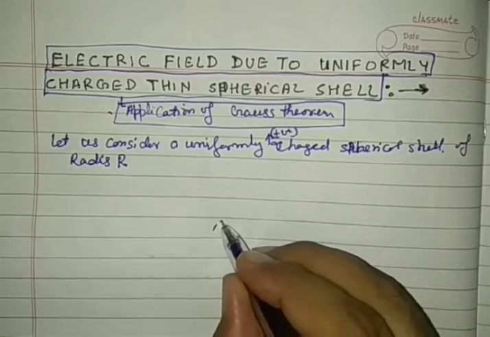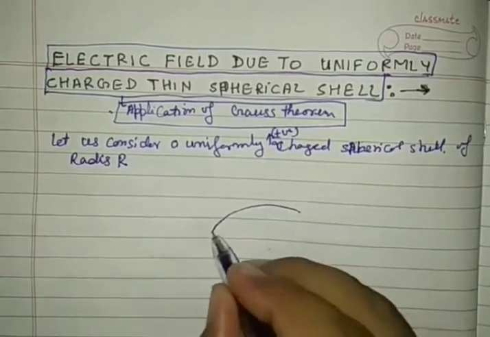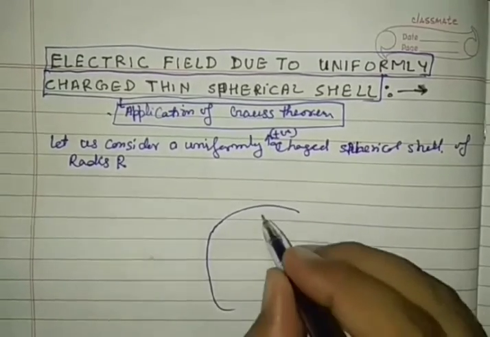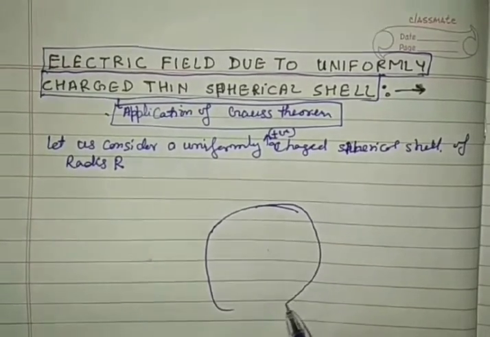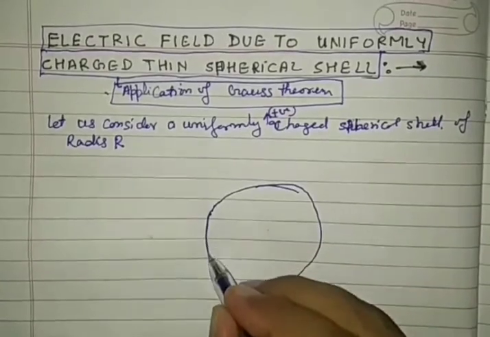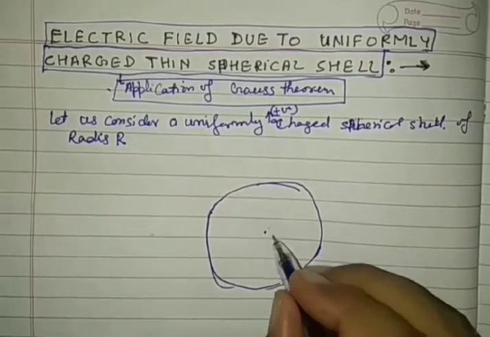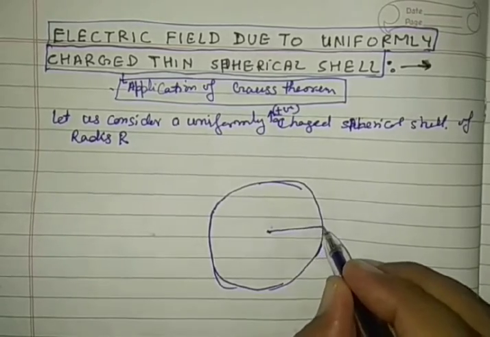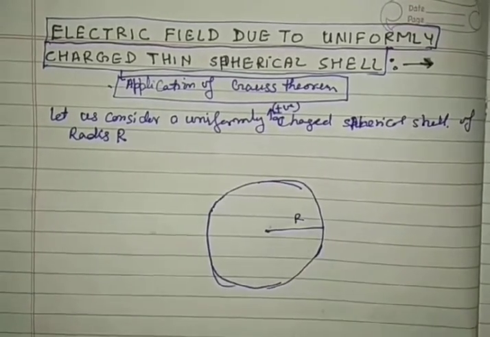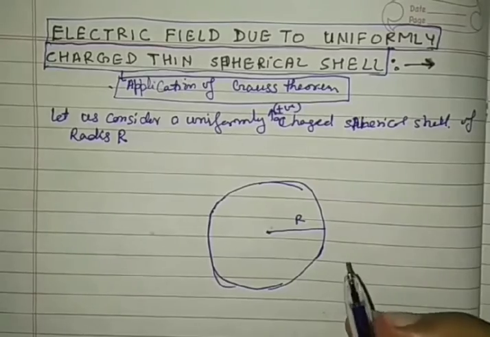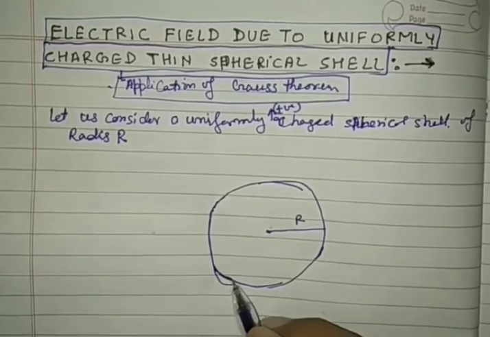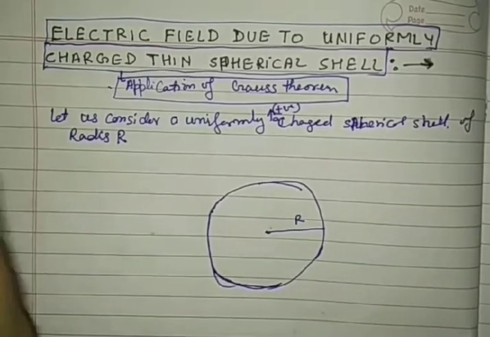This diagram speaks everything. Let us consider a spherical cell here of radius capital R. This is the capital R radius of the thin spherical cell.